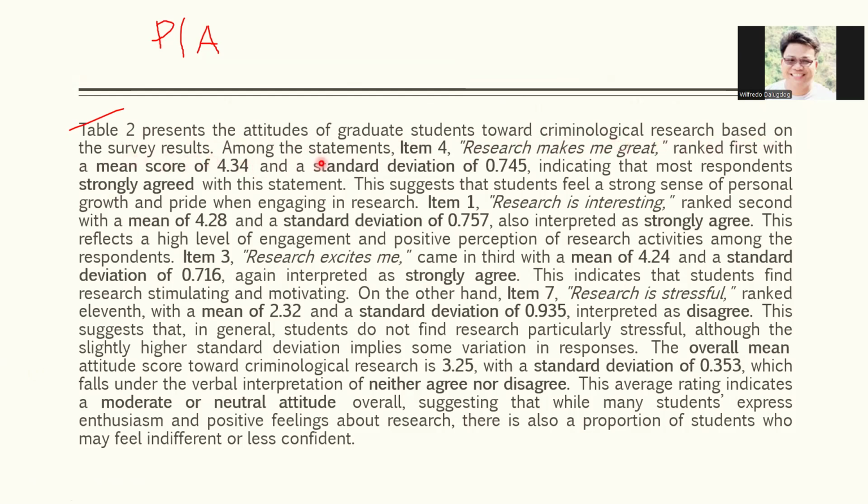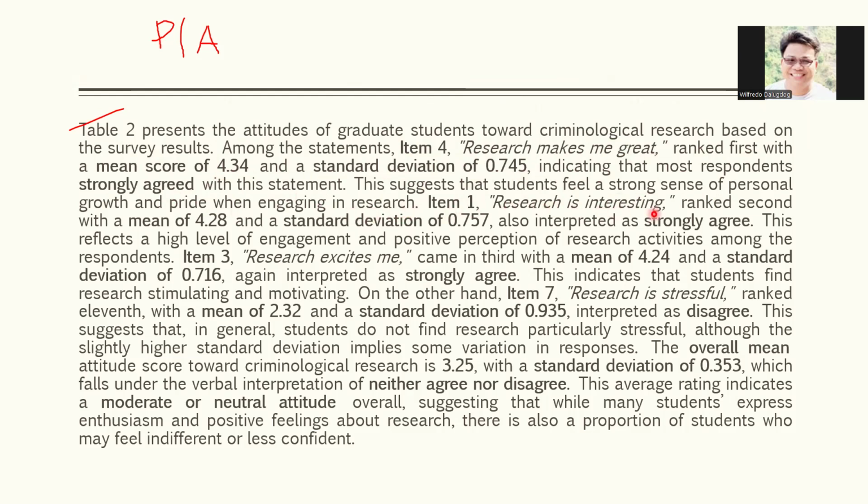Among these statements, item 4, research makes grade rankers, with a mean score of 4.34 and a standard deviation of 0.745, indicating that most respondents strongly agreed with this statement. This suggests that students feel a strong sense of personal growth and pride when engaging in research.